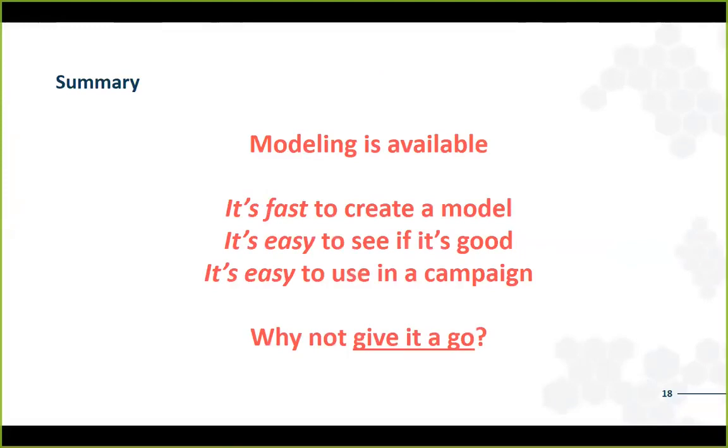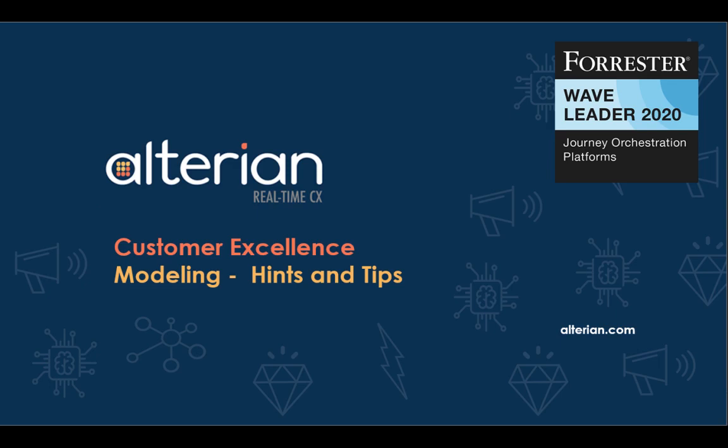The nice thing I like is that it's easy to see if it's any good, and finally, it's easy to use in a campaign, whichever of the campaign selection tools you use. So what I'd encourage people is go and give it a go. Try and use the model, see if it works for your selections. So that concludes my part of the session. Just wonder if there are any questions.